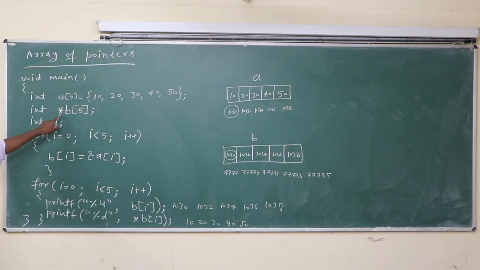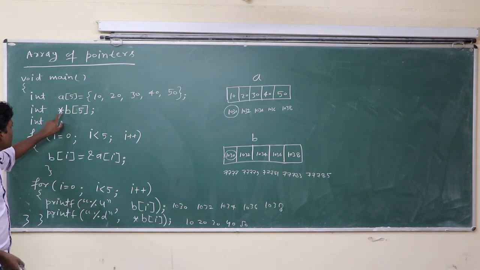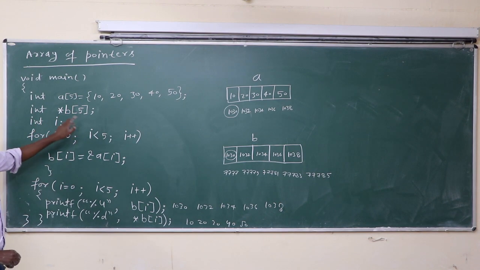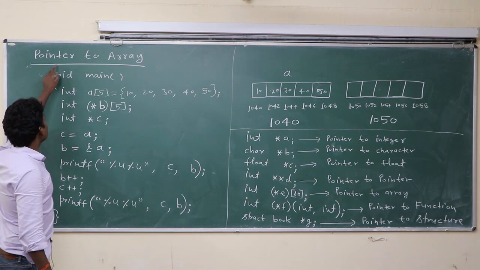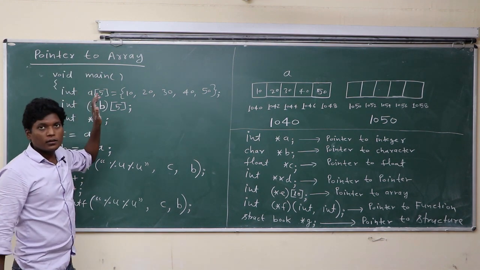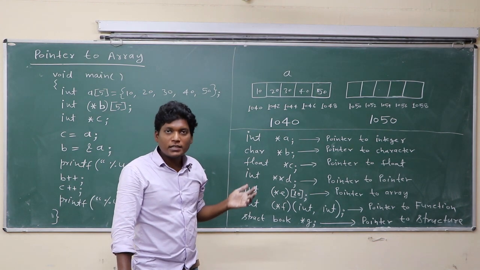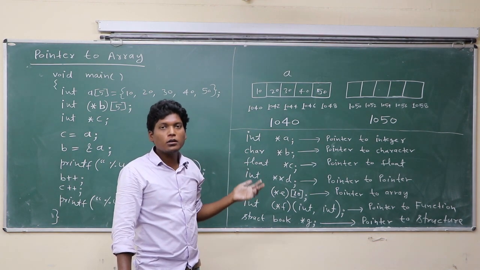And an array of pointers is declared like this: int asterisk b of 5. There is no bracket here. The concept is pointer to array, such as pointer to character, pointer to integer, pointer to double, pointer to float.